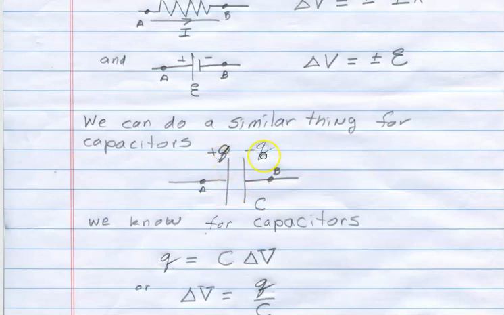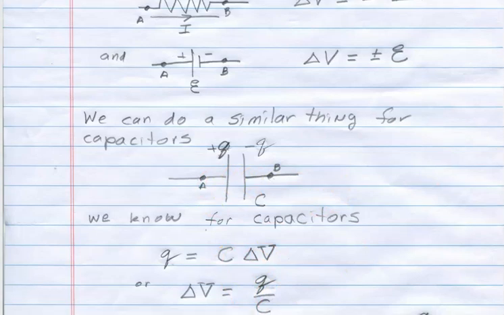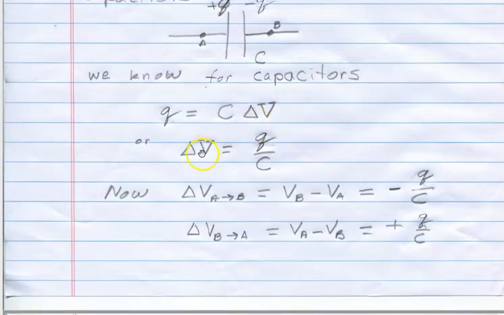I'll indicate this one with positive and this one with negative. We know that the charge is equal to the capacitance times the potential difference across, so we can solve that for the potential difference across this capacitor in terms of the magnitude of the charge on the plate divided by C. And now we're in a position pretty much like we were before.